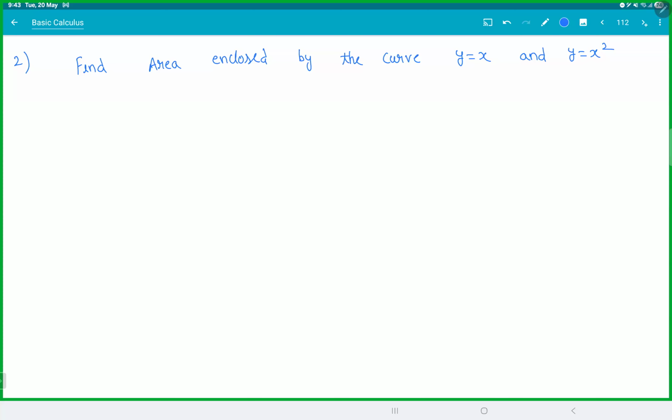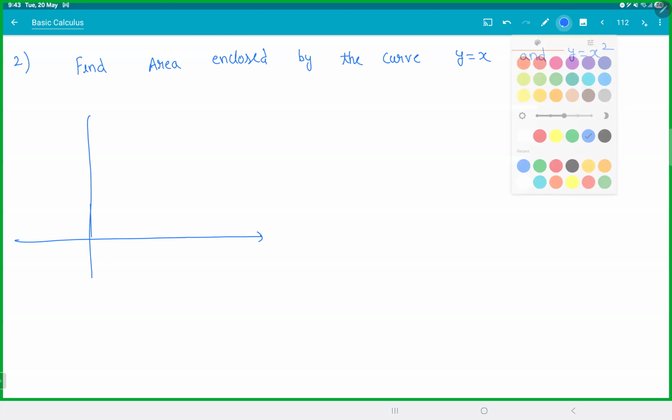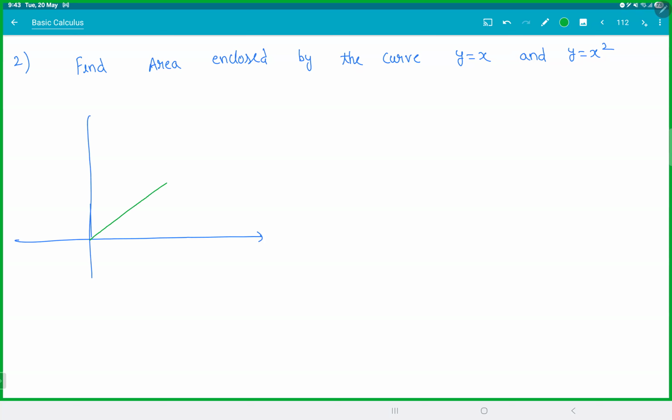So if I actually try to draw this, others, switch on your cams. Let me give you a picture how it would look. If you draw y is equal to x, it is a line passing through the origin. And if you draw y is equal to x square, it is a curve which is going like this.